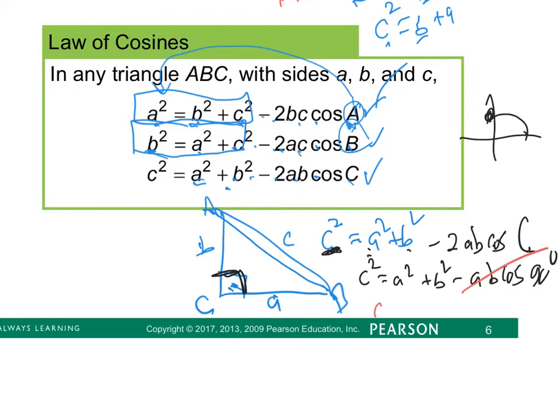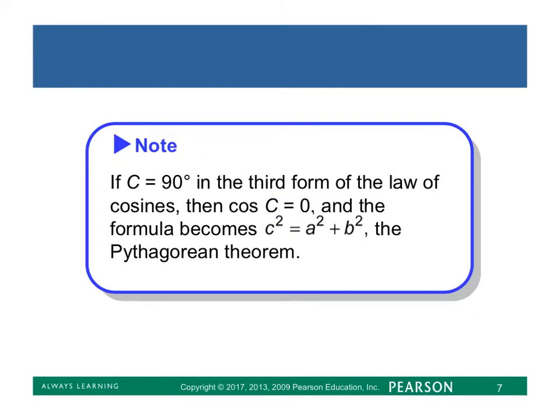Well, man, that sure looks familiar. C squared equals A squared plus B squared. Maybe this is where that formula came from. No, I think the formula came first. But it works. No matter what the angles are, it'll always work. Ready to use it? This is what I just showed you.